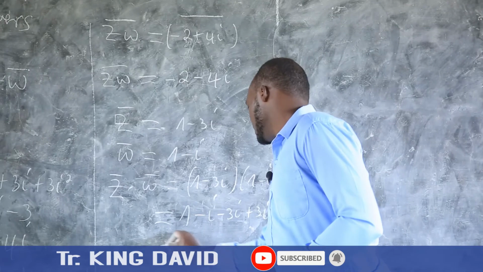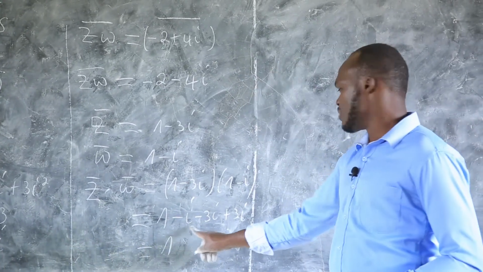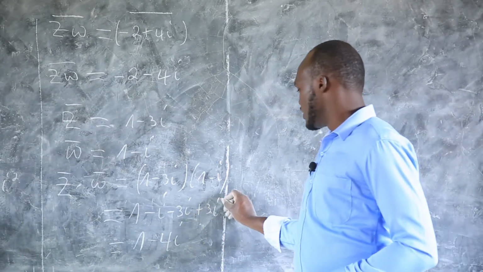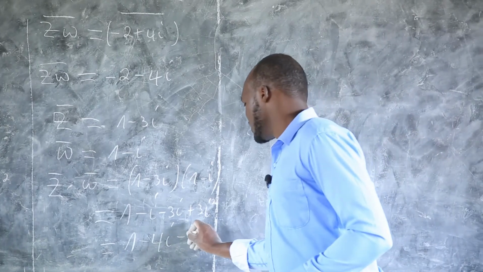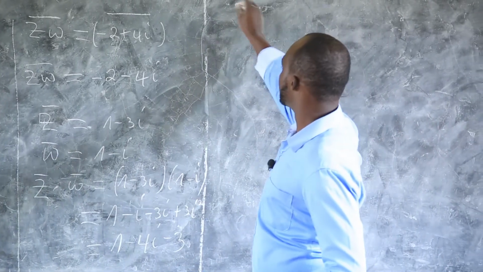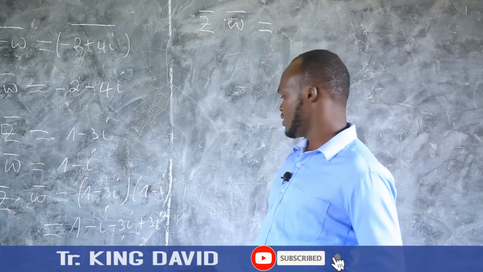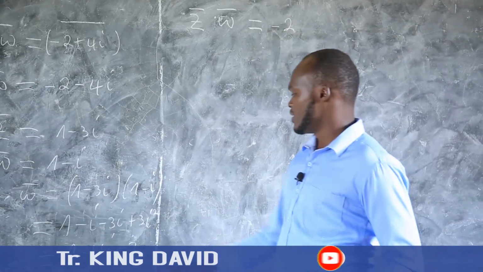Then that is 1. Negative i minus 3i, that's negative 4i. Here we have i squared. i squared is negative 1, that's negative 3. So for Z conjugate times W conjugate, the answer is 1 minus 3 is negative 2, then minus 4i.